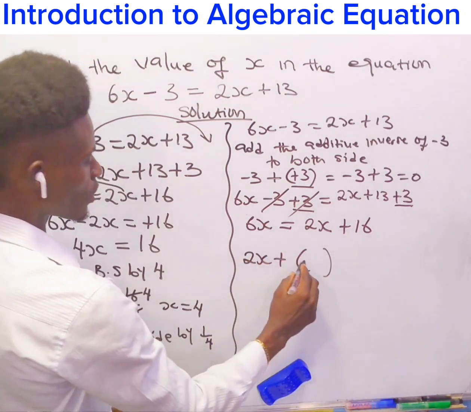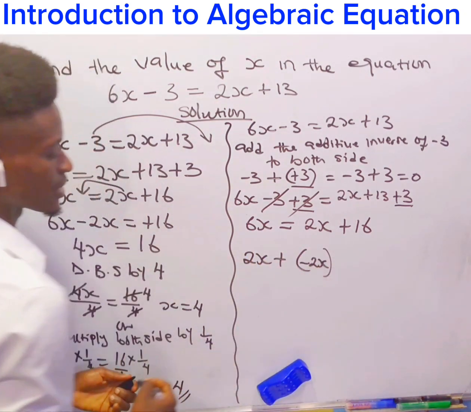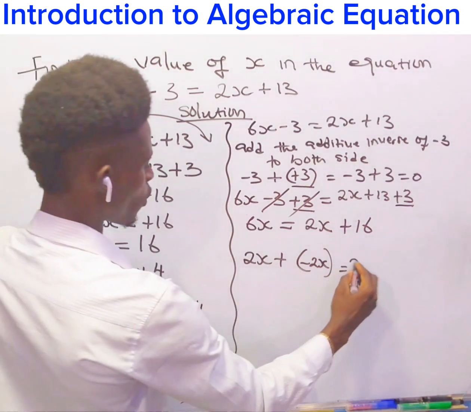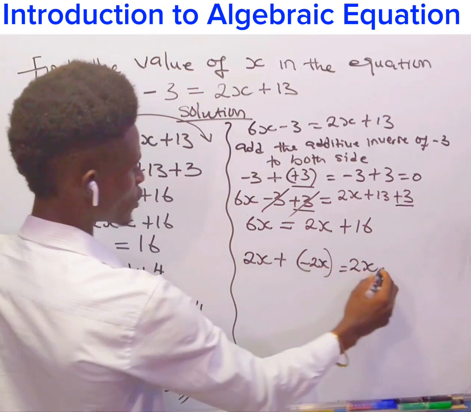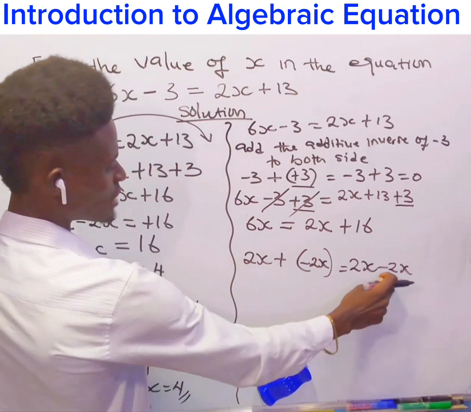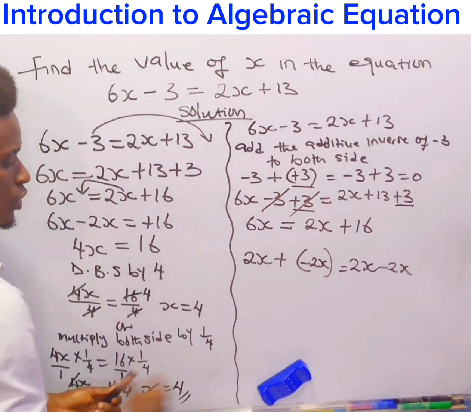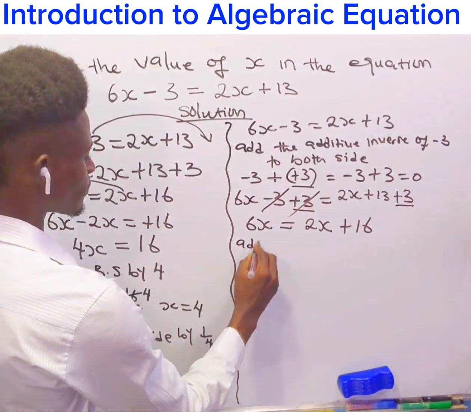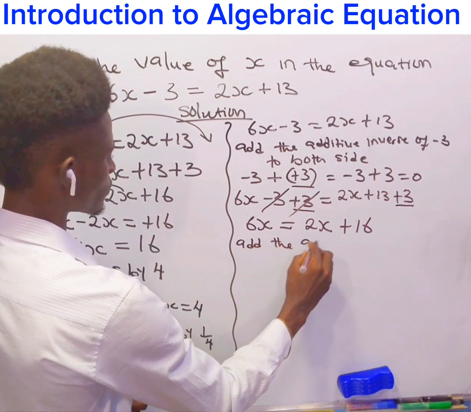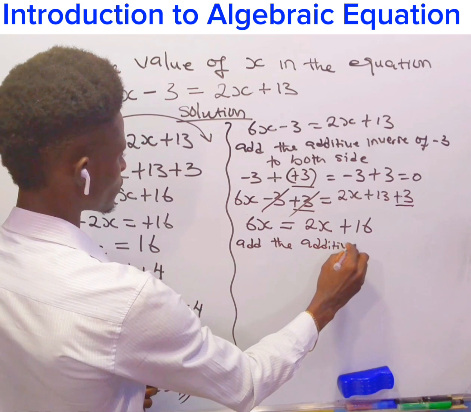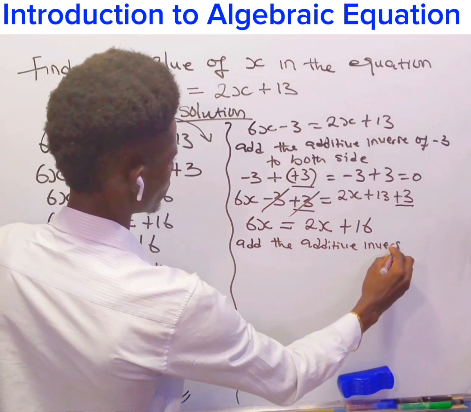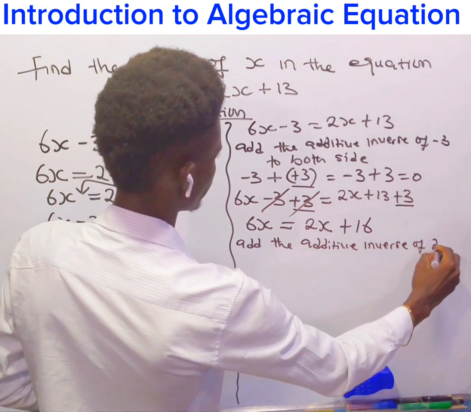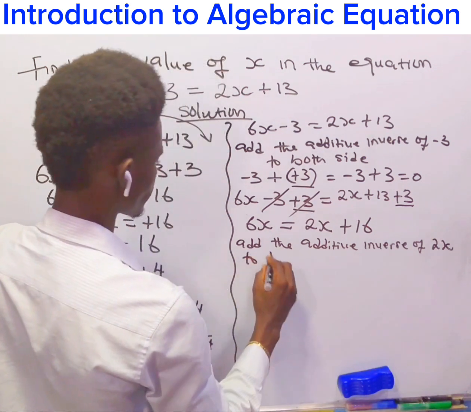It is 2x plus negative 2x. 2x minus 2x is 0. So we add the additive inverse of 2x to both sides.